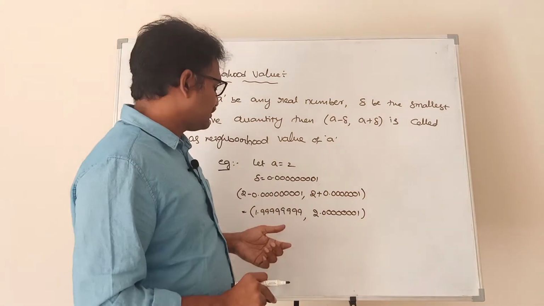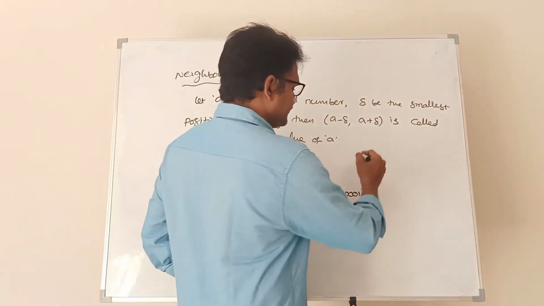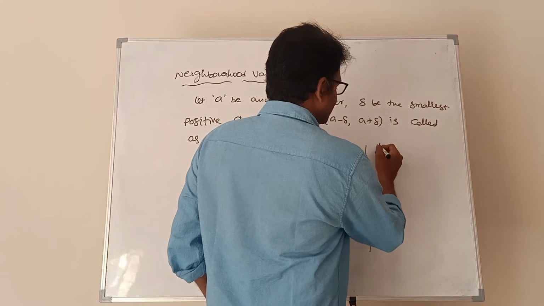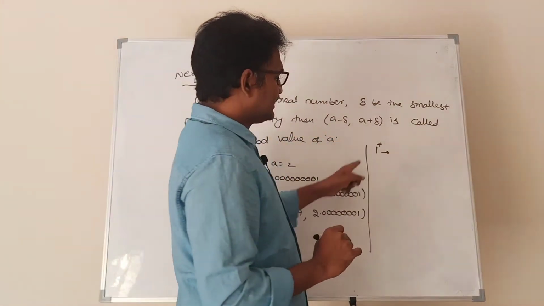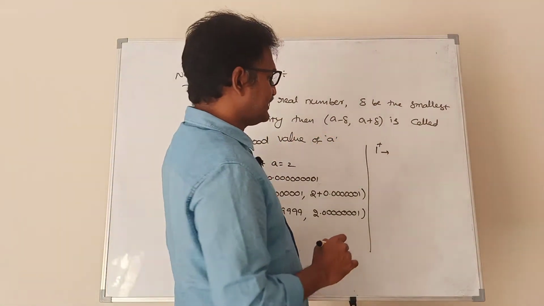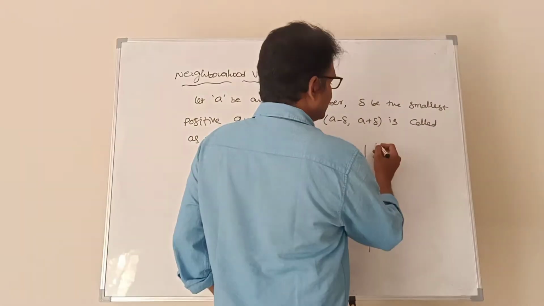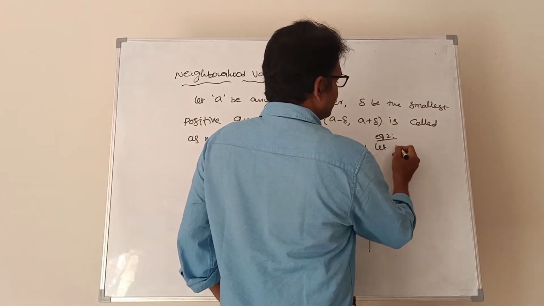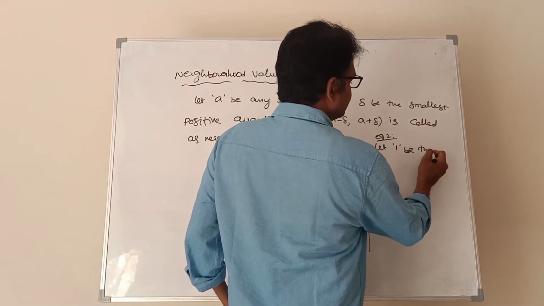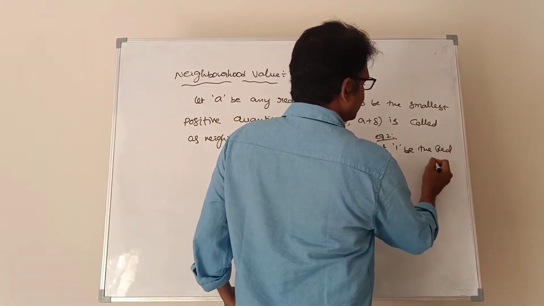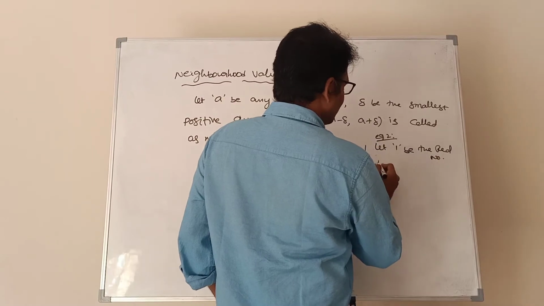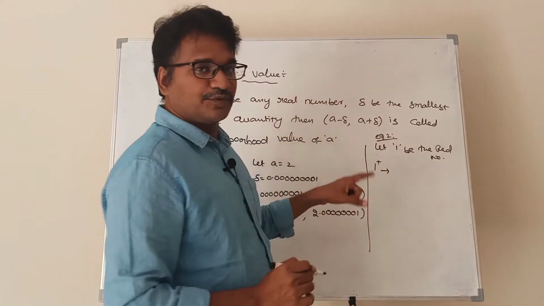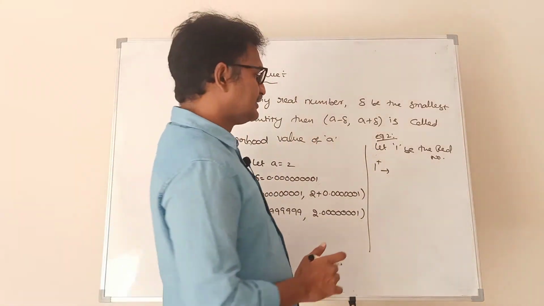What is a neighborhood value? Suppose you take 1 plus, meaning the right side of 1. One more example I am giving. Let 1 be the real number. What does 1 plus denote? Just more than 1 but not equal to 1.